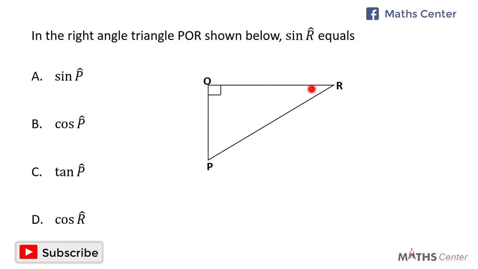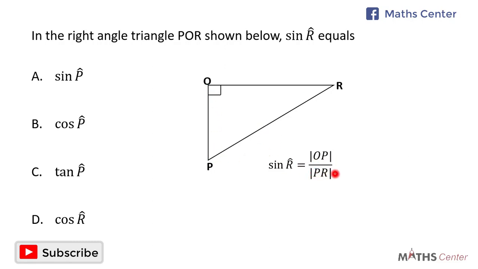So if you want to find sine R, we know that sine is opposite divided by hypotenuse. When we consider R, OP is opposite and PR is the hypotenuse. So sine R is equal to the opposite side, which is OP, divided by the hypotenuse, which is PR.